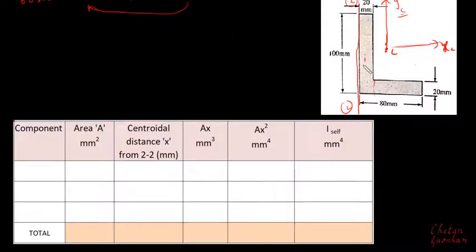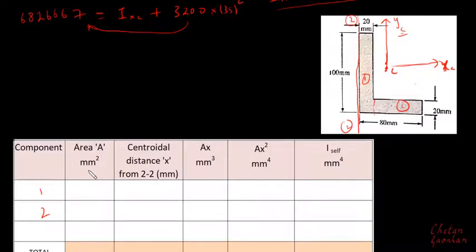So this will be my first area, this will be my second area. I have two components, 1 and 2. The area of the first component is 2000, that is 100 multiplied by 20. Area of the second component will be 60 multiplied by 20, that is 1200. And then this centroidal distance x from 2-2, I need to find this.